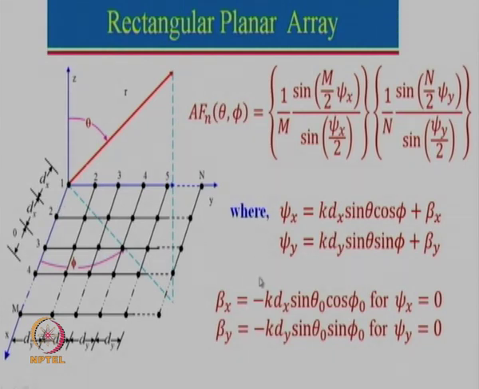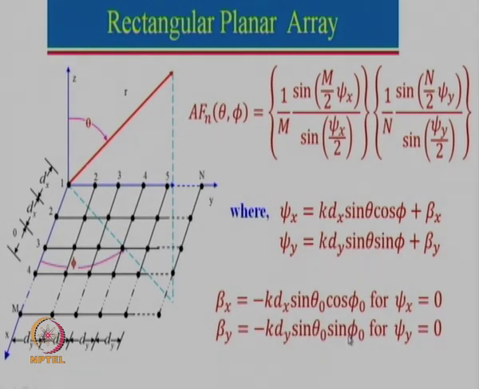So now we can find out in which direction we want the beam maxima to be. Normally we put psi x equal to 0, psi y equal to 0. If we put psi x equal to 0, we can write beta x as minus of this term over here, and beta y is given by this term.